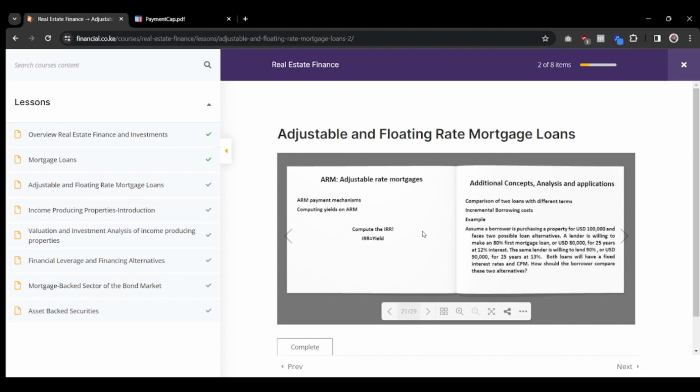Both loans will have fixed interest rates and be a CPM. How should the borrower compare these two alternatives? The CPM here stands for constant payment mortgage. So let's jump into Excel and do it practically.